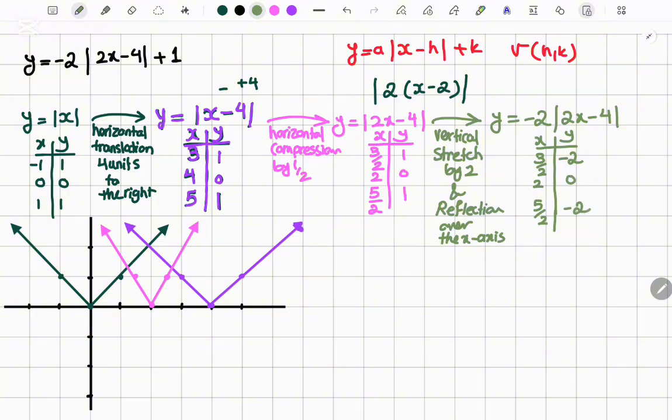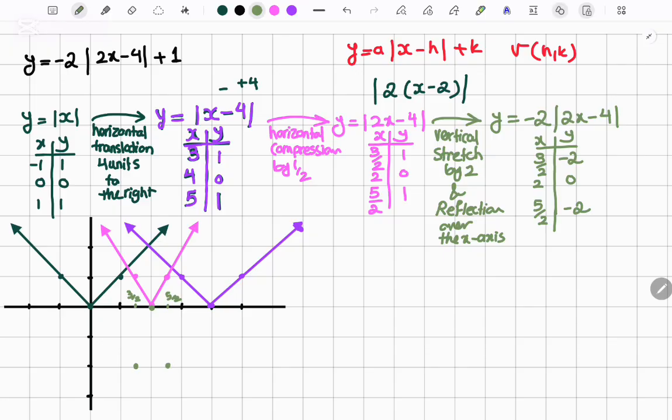And then I'm going to graph it. So we have 3 over 2 and -2. 3 over 2 is 1.5. So it's going to be here, and -2 is here. So I'm going to have it over here. That's 3 over 2, guys. And then 2 and 0 is going to be over here, and 5 over 2 and -2 is going to be here.